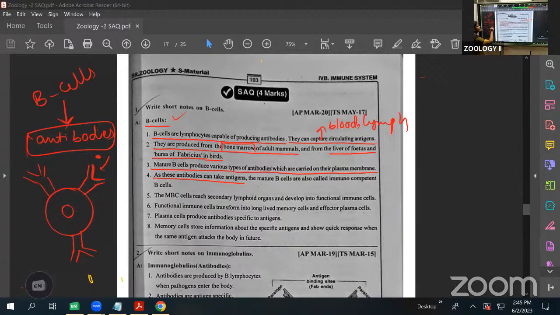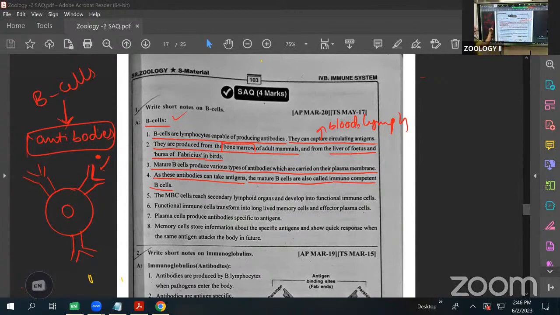The mature B cells are called immunocompetent B cells. They are produced from the bone marrow and they enter the secondary lymphoid organs and form functional immune cells.